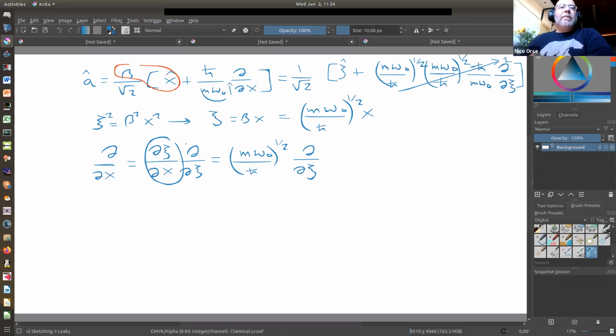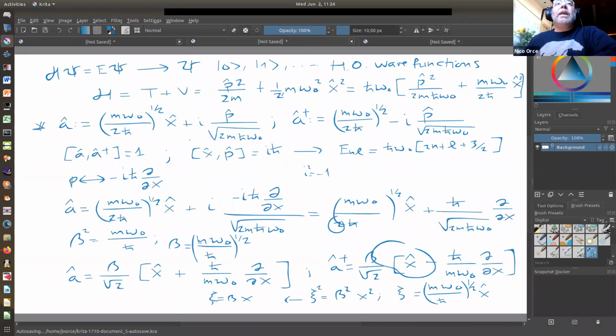So we end up with something which looks much simpler than whatever we had before. The A, the annihilation operator, is equal to 1 over square root of 2 times this equation here. And that looks much simpler than whatever we have here before, right?